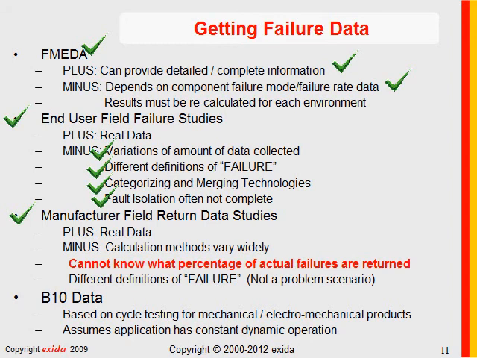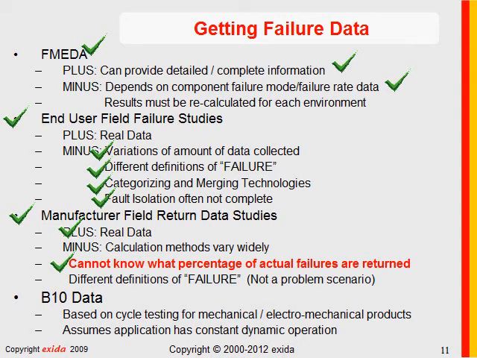There are problems with manufacturers' field failures. Of course, the MTBF studies done by a particular manufacturer may very well be quite self-serving. Now, the plus is that it's real data, but the calculation methods vary widely. And you must ask, how can a manufacturer know what percentage of actual failures are returned?